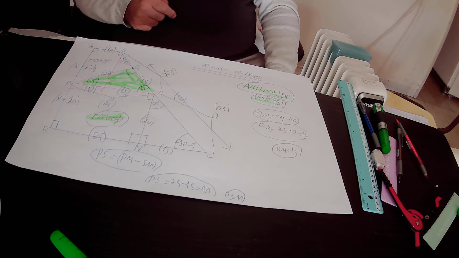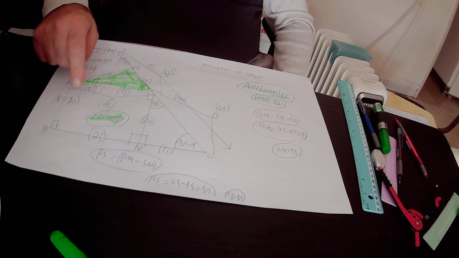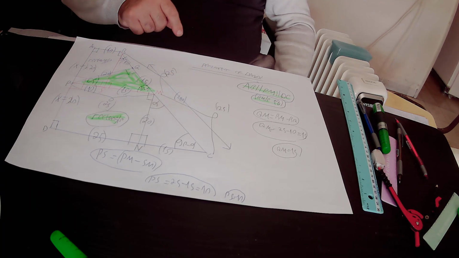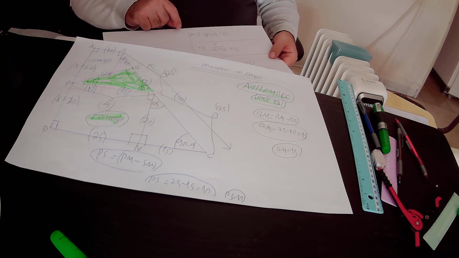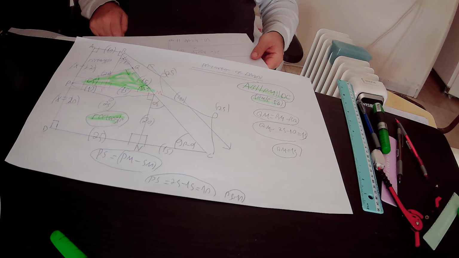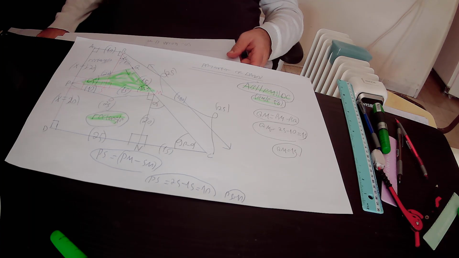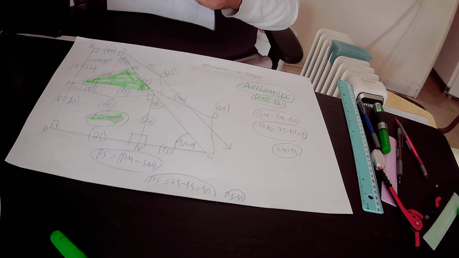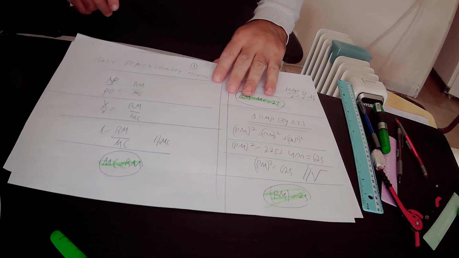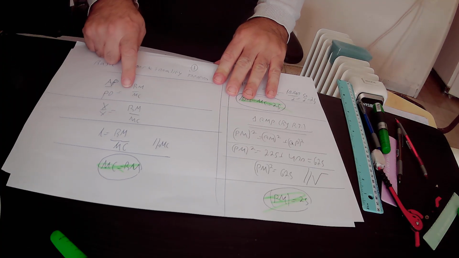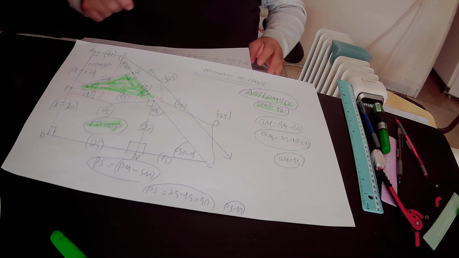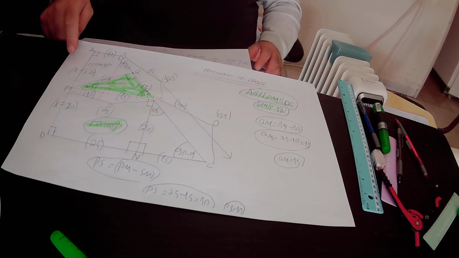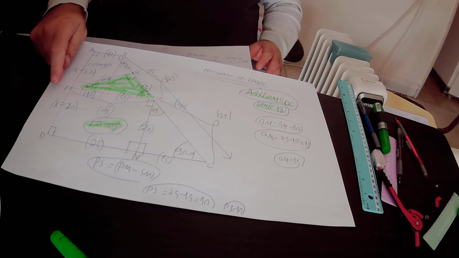The relationship is as follows: AP over PD equals BM over MC. It is given as an equation that AP equals PD. So if AP is X, then PD must also equal X because they are equal to each other according to what is given.